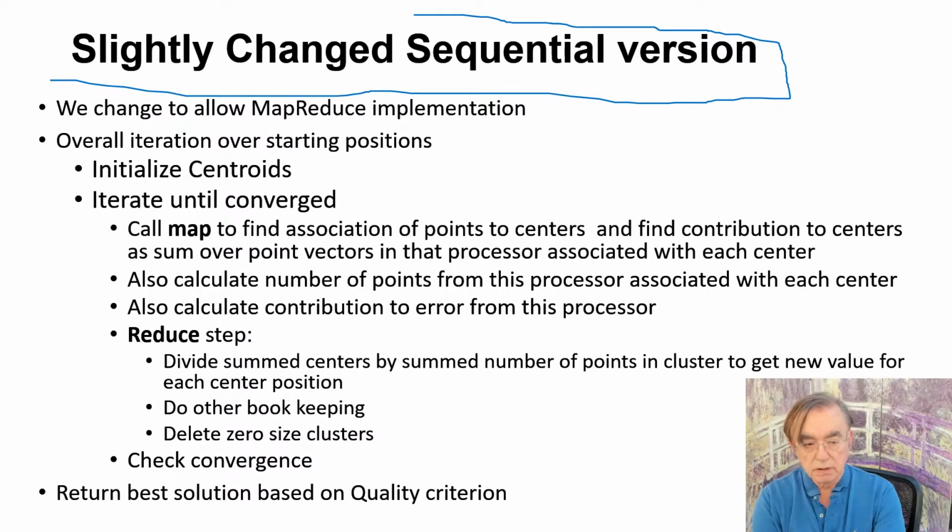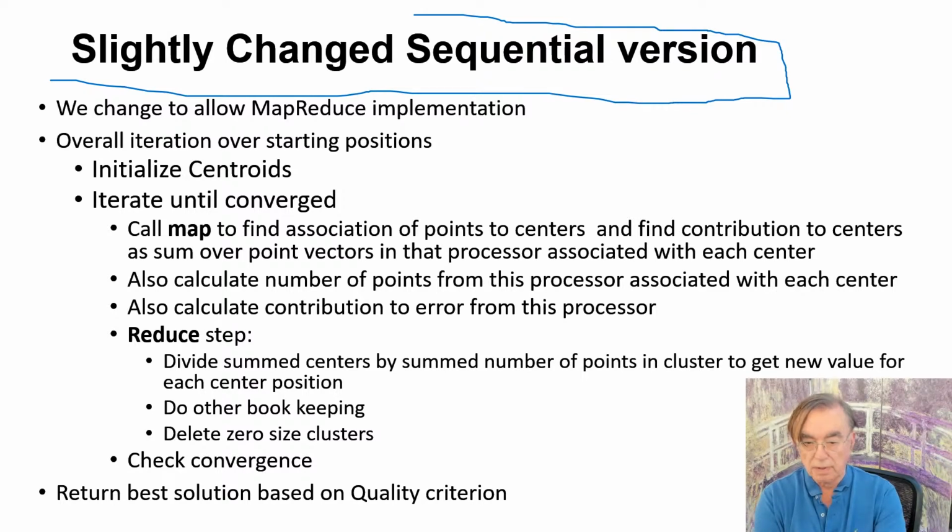This is now sequential code. The change we do is we don't calculate the actual contribution to the center immediately, but rather we just associate the points to centers and find the contributions to centers as the sum over point vectors.